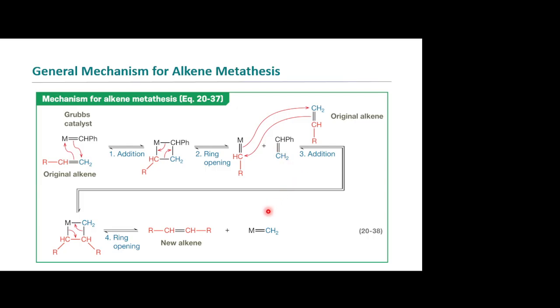So if these collide together right here, what ends up happening is you have to orient the metal. So it's oriented with this R group here. Okay. Excuse me, here.